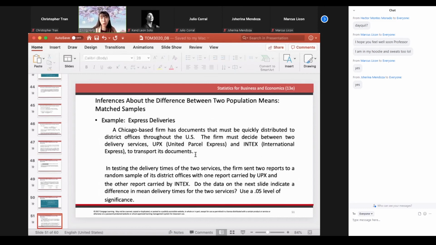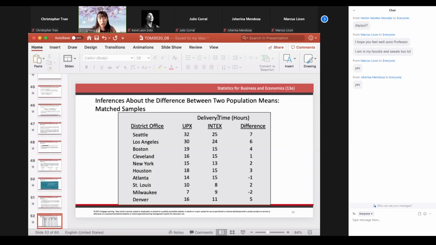And we want to compare 2 delivery companies to see if the delivery times are the same or different. And we can do the matching by giving the same target. So the first observation is to deliver the documents from headquarters to their Seattle office. One delivery company takes 32 hours, but the other doing the same task only takes 25 hours. So there's a difference of 7 hours.